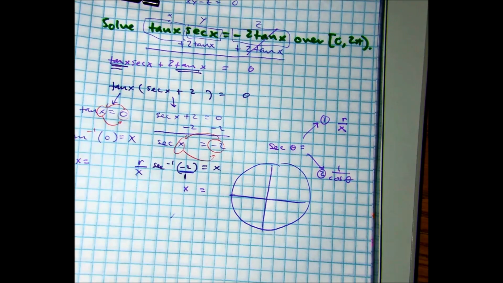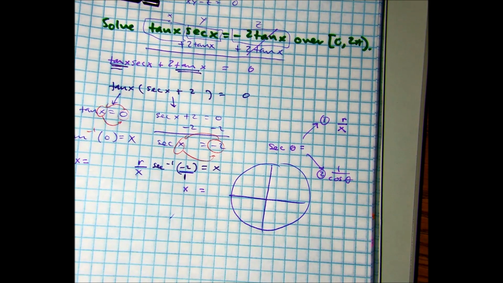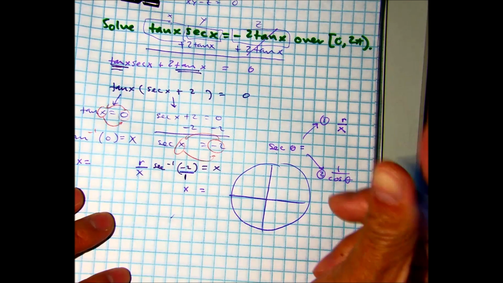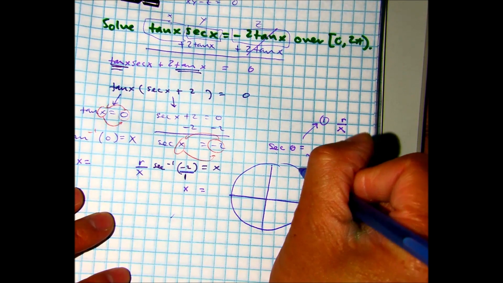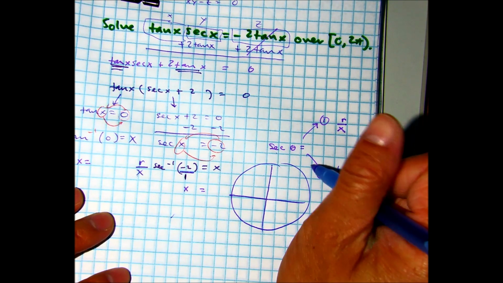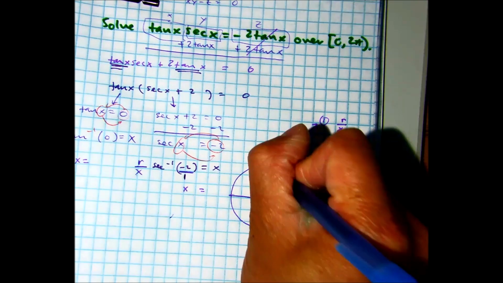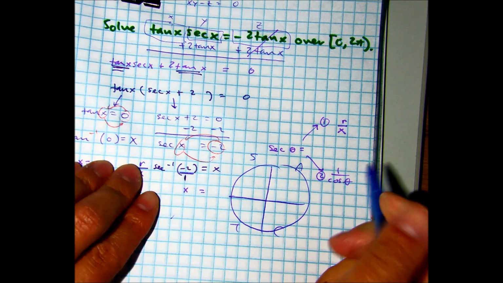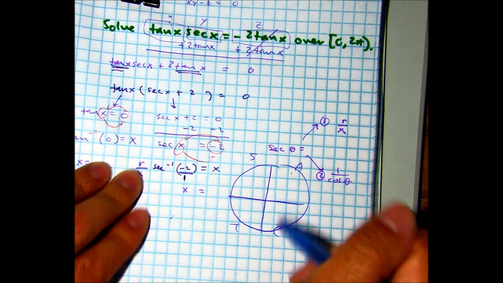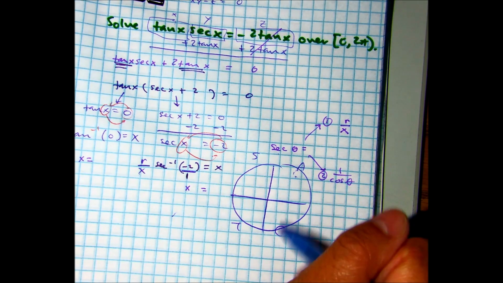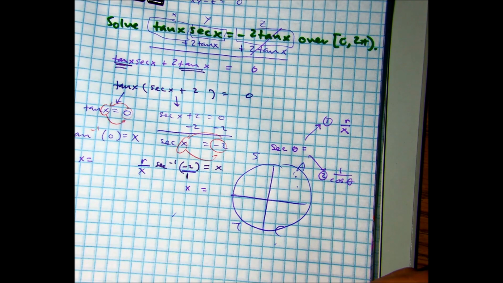Justin, where is cosine negative? You want to tell me the acronym? Will that help? I'm sorry? 2 and 3. So secant is positive in quadrants 1 and 4. So it's negative in 2 and 3.